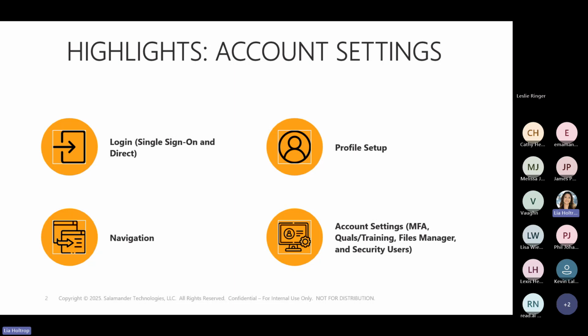Second is navigation, which focuses on the changes in the main menu, the new website settings, as well as the profile page. There are some important items I want to make sure that all users, whether existing or new, do. Third is setting up the user profile. Last is setting up account settings.